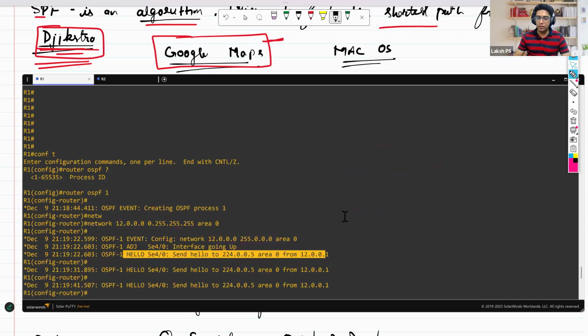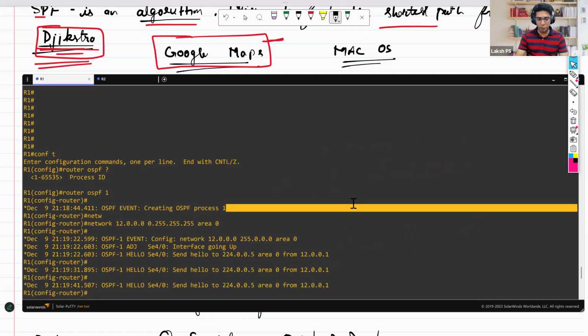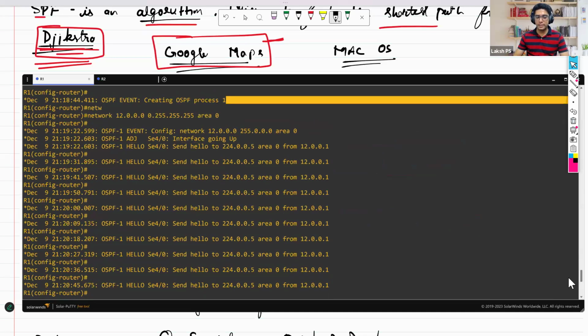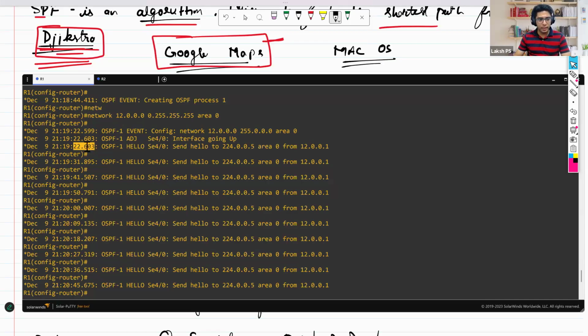Now let's continue that debug. You can see here at every 10 seconds of interval, as we discussed yesterday, OSPF will send a hello message. You can see here 22.603. It also involves microseconds, so you may not see an exact 10 second interval.